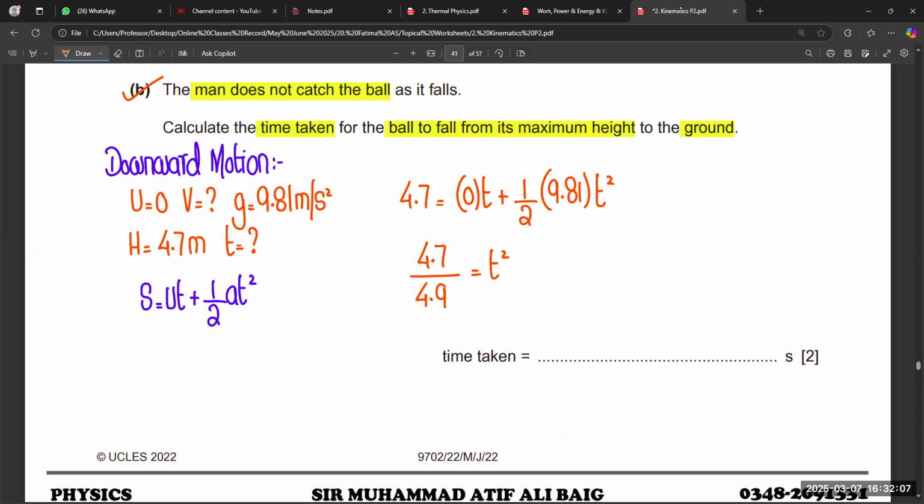Also take the square root of the answer. The final answer is 0.98.